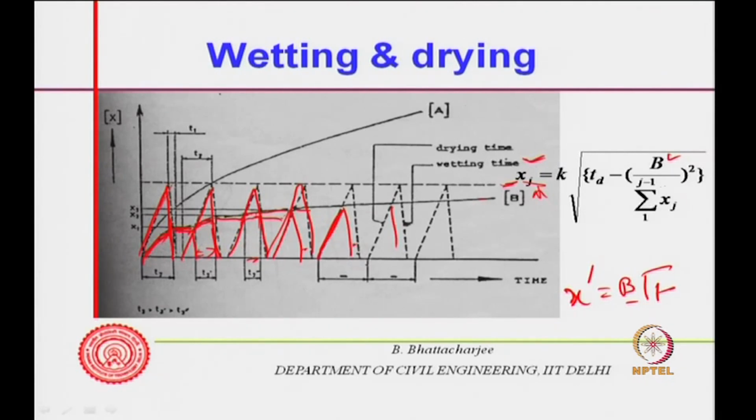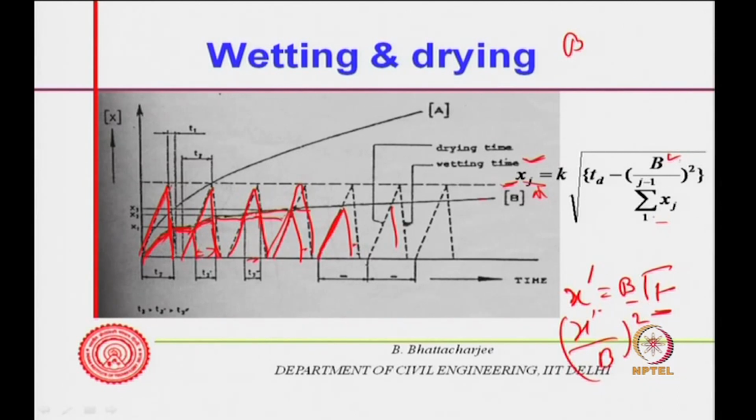So, sum up all the carbonation depths prior to the jth cycle. We want to find out the T. So, T would be x dash by B, whole squared.